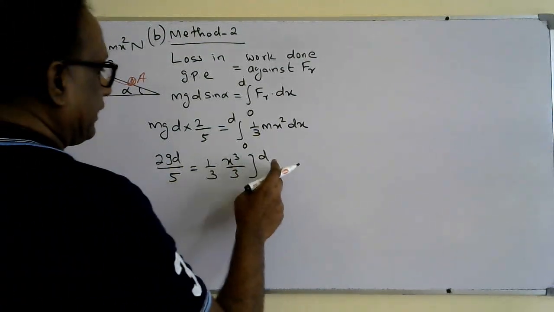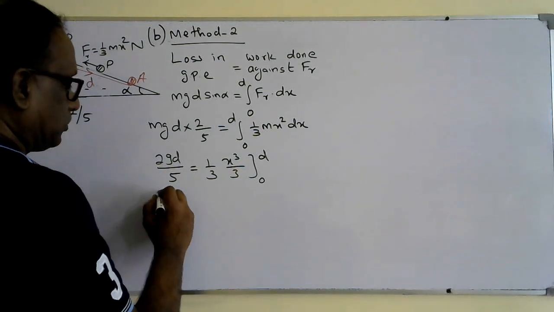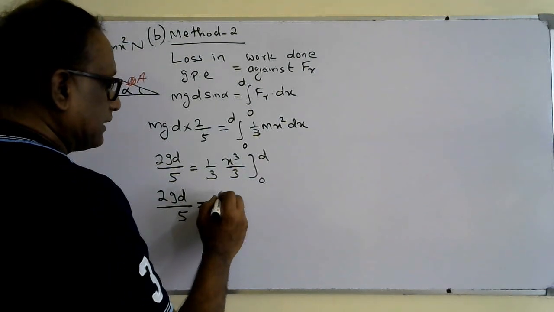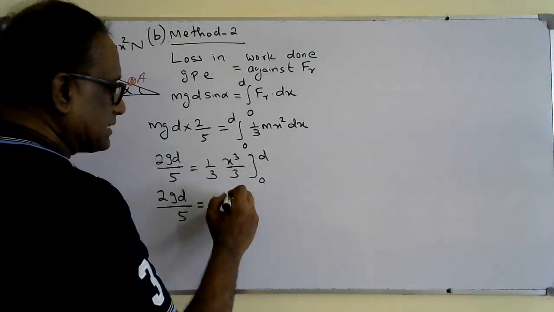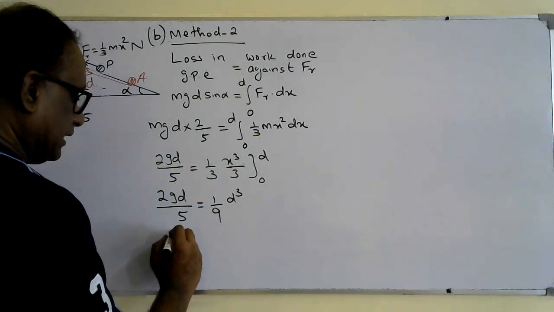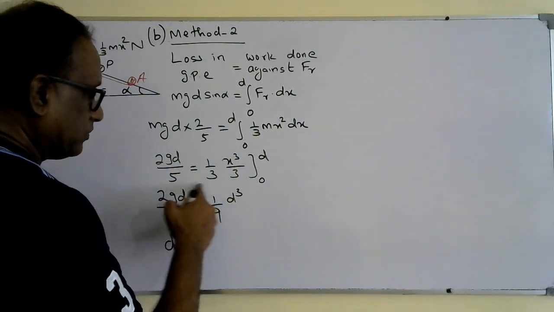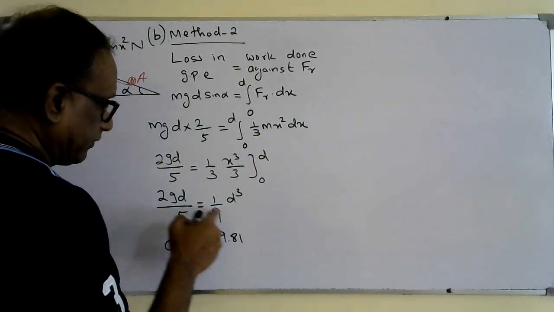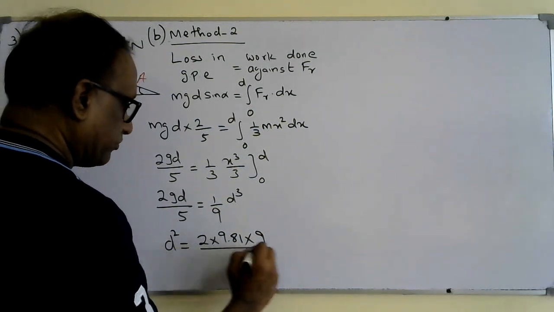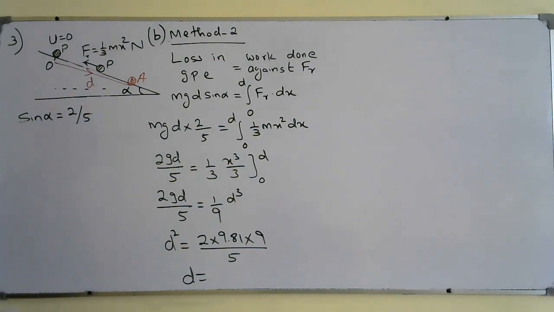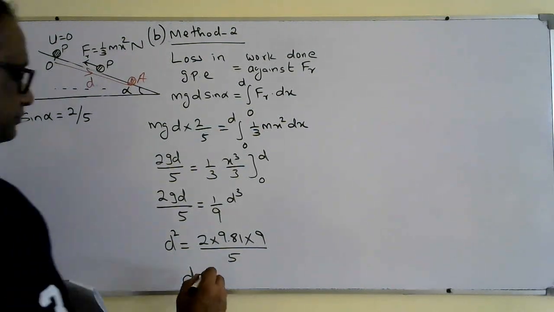I need to find d. So 2g d over 5 equals 1/9 into d cubed minus 0. So d squared is equal to, cross multiply, 2 into 9.81 into 9 over 5. Find d, and you'll get the same answer, 5.94.